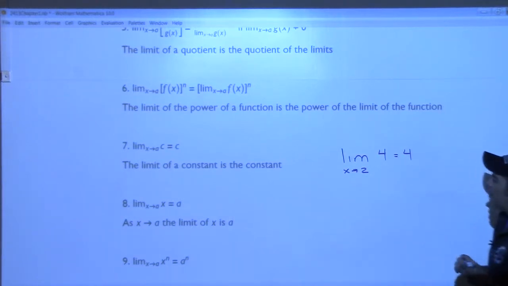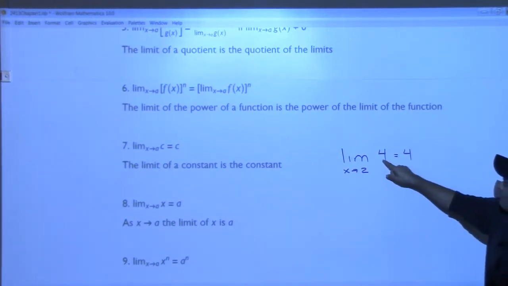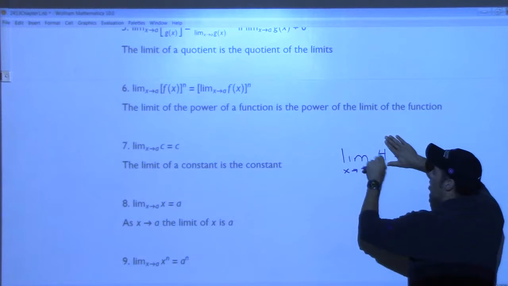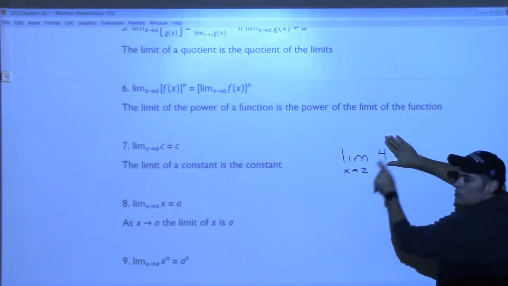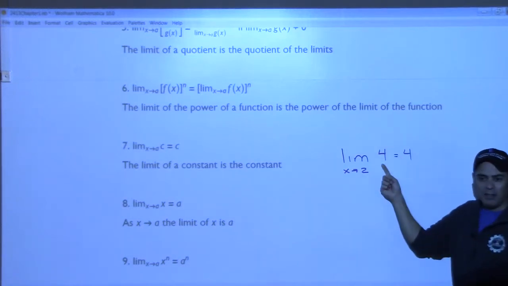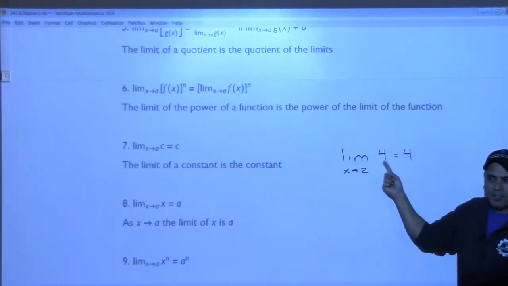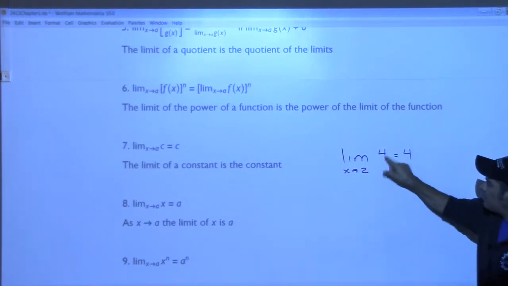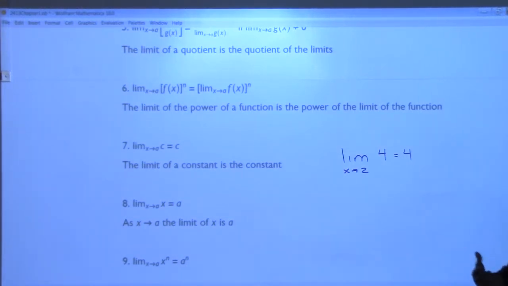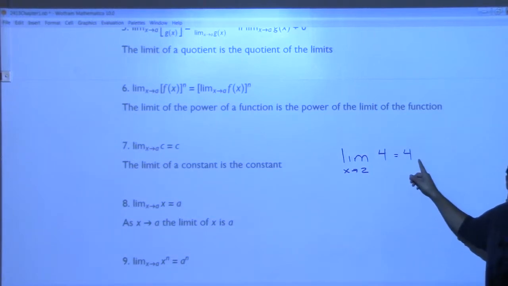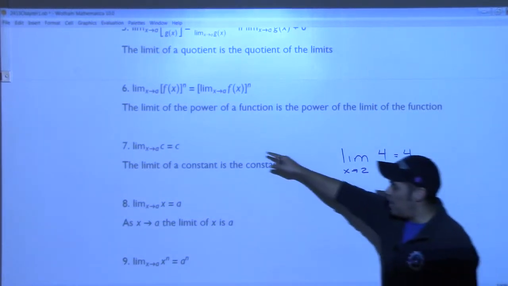The reason is that if I tell you to look at this expression, 4, and ask what happens if I change x to 2, well, there is no x there, right? So nothing happens to it. It just stays 4. If there's no x in this expression, then saying what happens as x goes to something should have no impact on the expression.